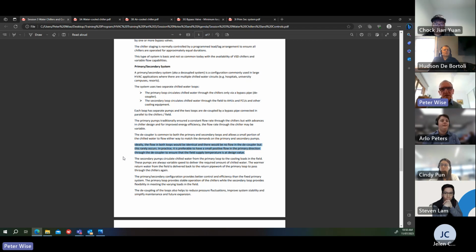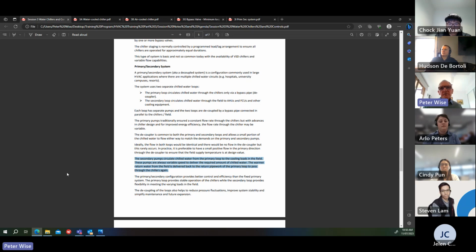If your design is 7, that's what you're getting out in the field, and that's what you want. But if you're getting more demand in the field and you're getting some recirculation, the temperature will go up, and that's not desirable for controlling the loads in the field. And that's when your chillers need to stage up.